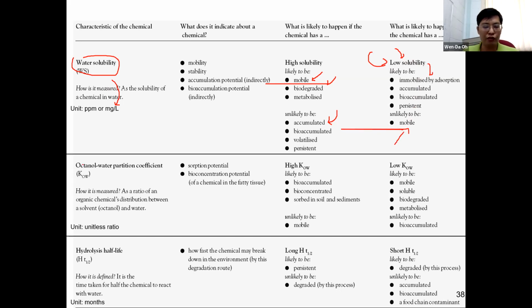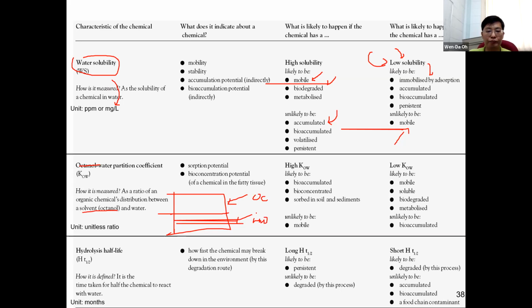Okay, so the next one will be the octanol-water partition coefficient. This generally means the ratio of the chemical between the solvents, octanol and water. So if you look at the solvent, you have two phases: one is the octanol, the other one is water.